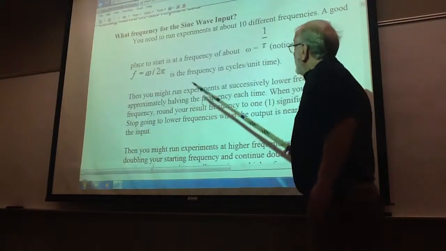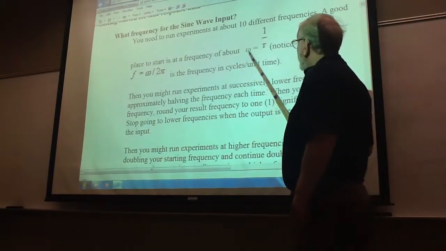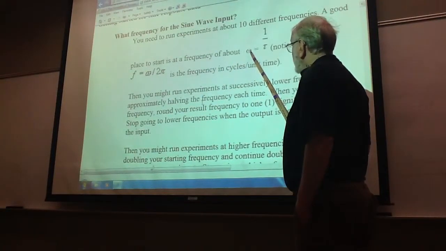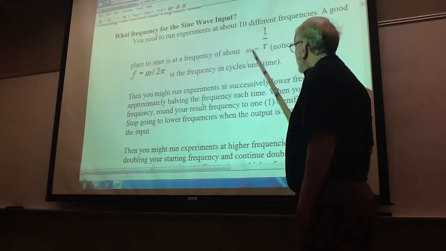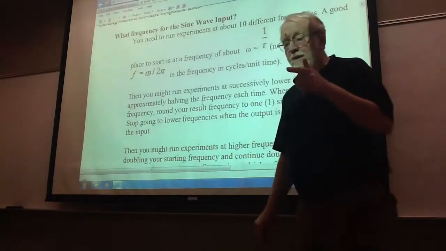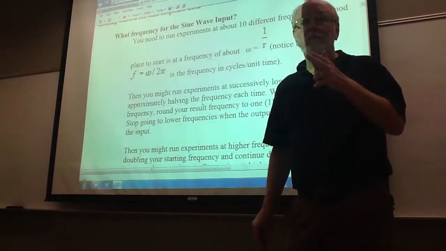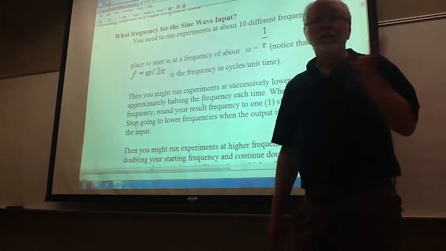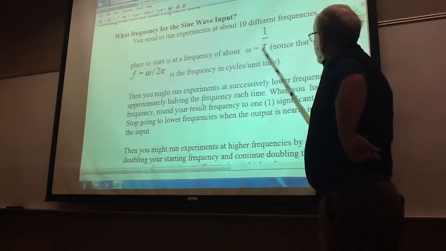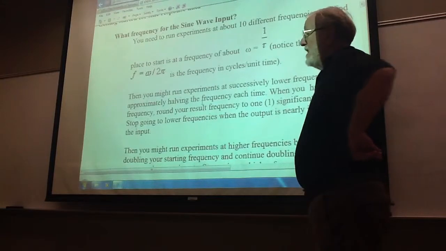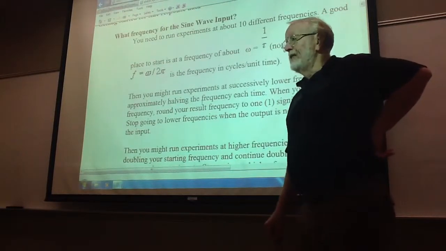Well, one place to start is about a frequency omega. What are the units of omega? Omega is in radians per unit time, radians per second, for most of you, or radians per minute maybe. So we're going to start at 1 over tau, tau for your system.